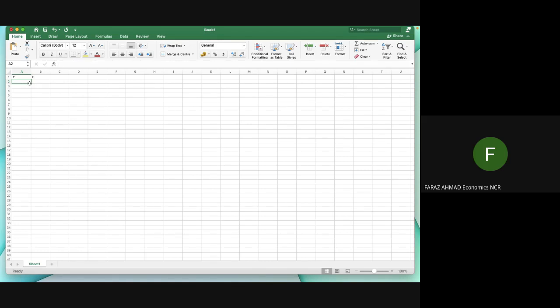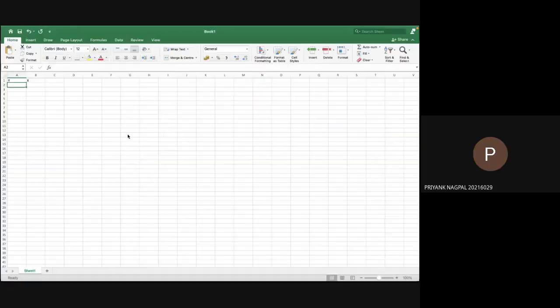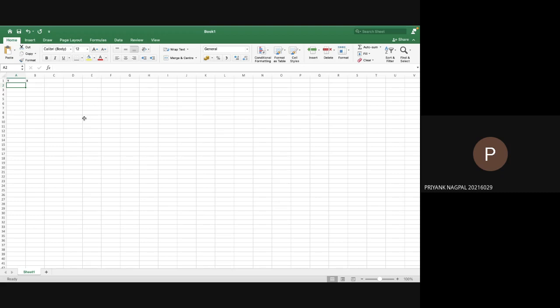If you turn your pages, tell me the example that we undertook, when we were calculating beta 1 hat and beta 2 hat using OLS.